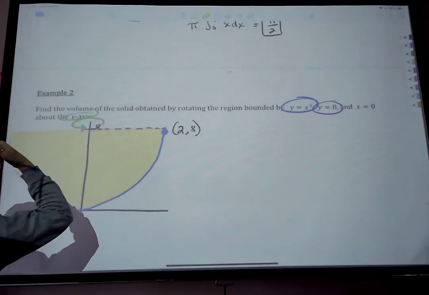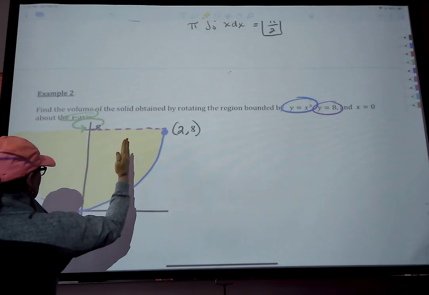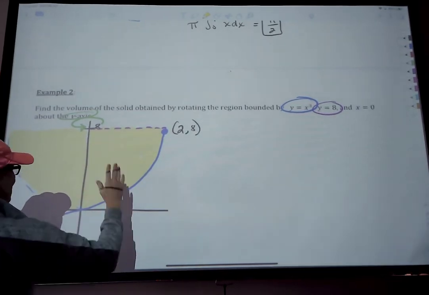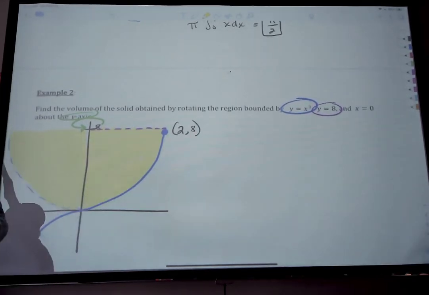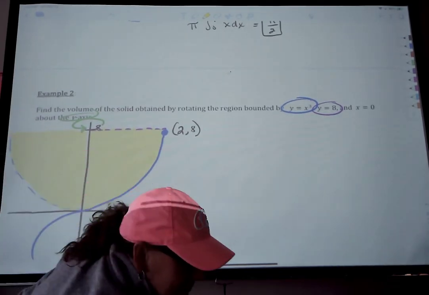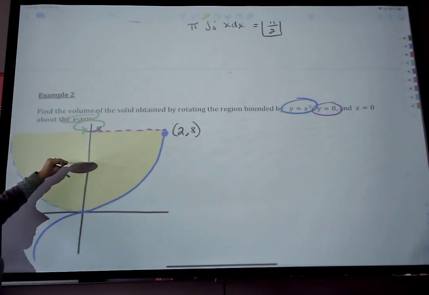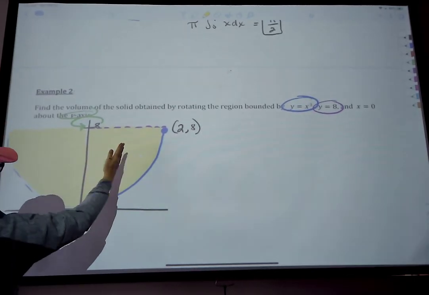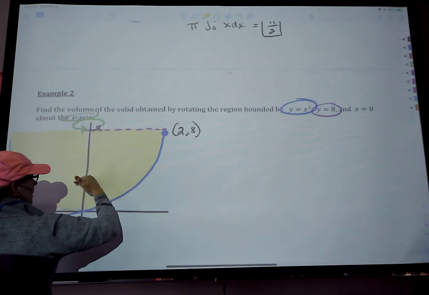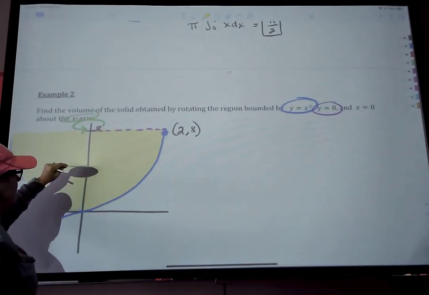When I visualize revolving it, watch the circle that my hand makes. My hand makes a circle like this. That means my plates would look like this, stacked on top of each other.